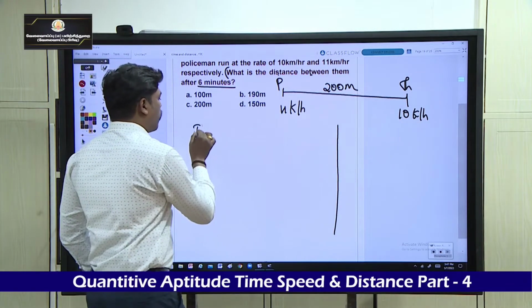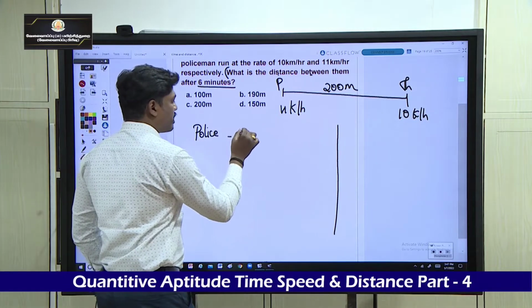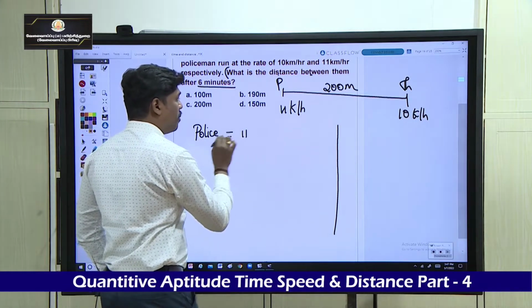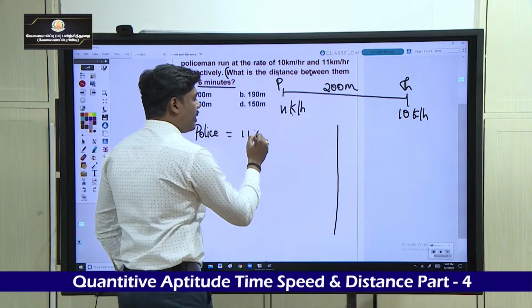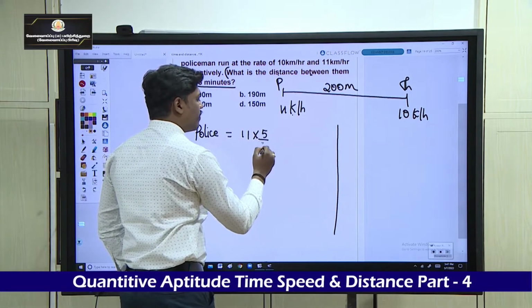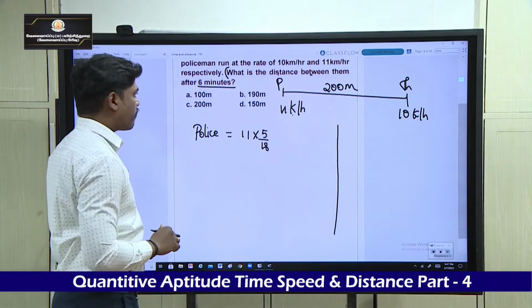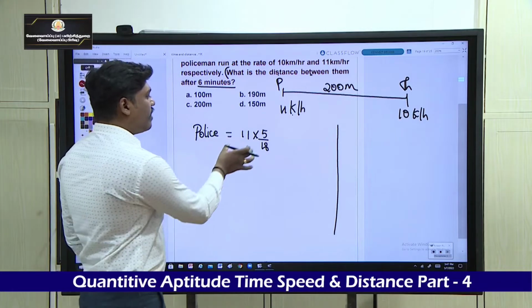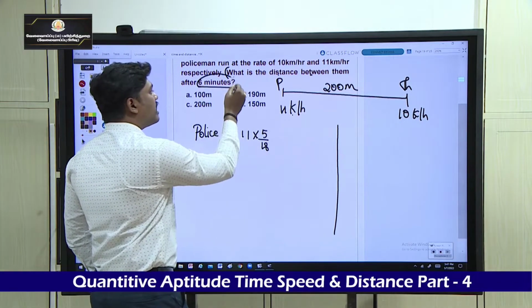So, what is the speed of police? Police is moving at a speed of 11 km per hour. Converting into meter per second, we multiply by 5 by 18. With this speed, I am travelling for 6 minutes.